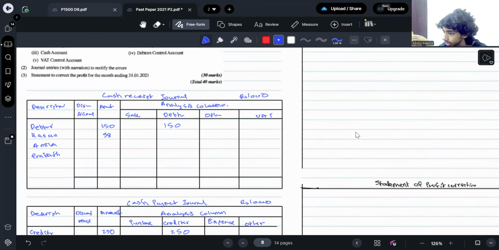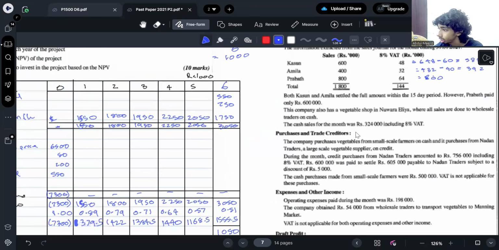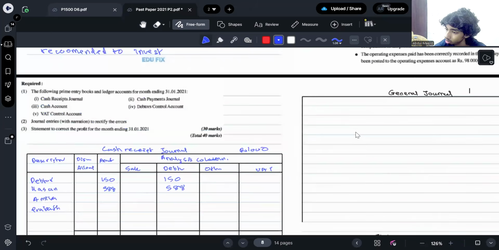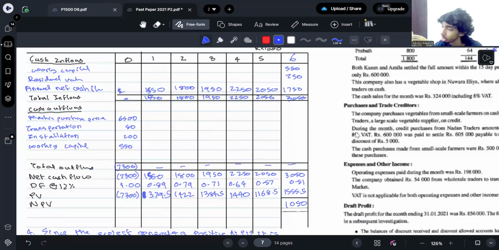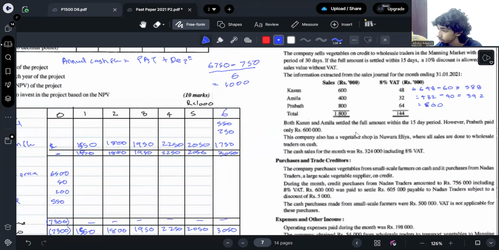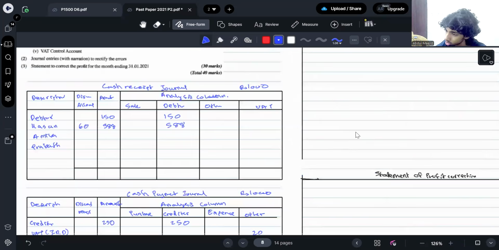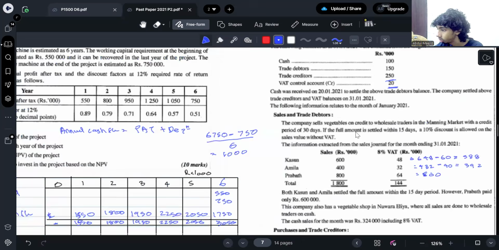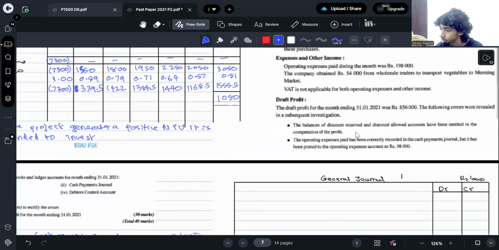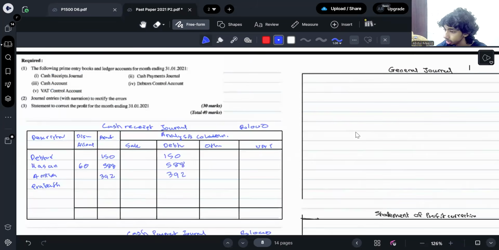Amount 588, debtor 588. And he will be getting a discount of 60. Discount allowed 60. Amila will be paying 392 after discount. He will be getting a discount of 40. And Prabhat is paying 600 and he doesn't have any discount.